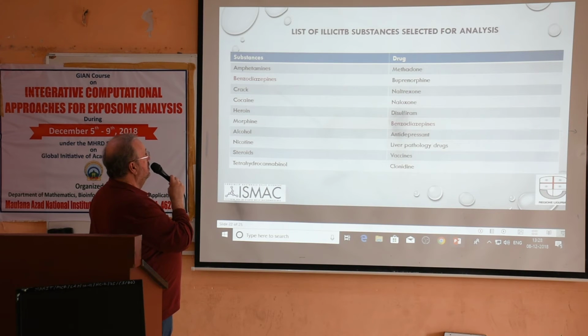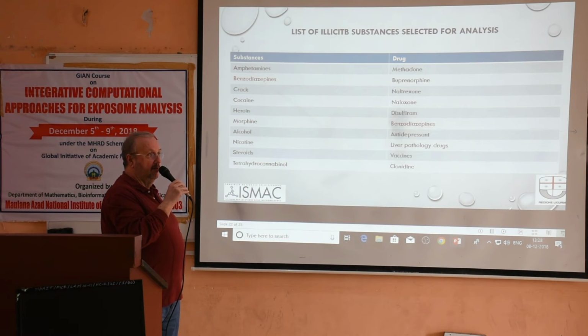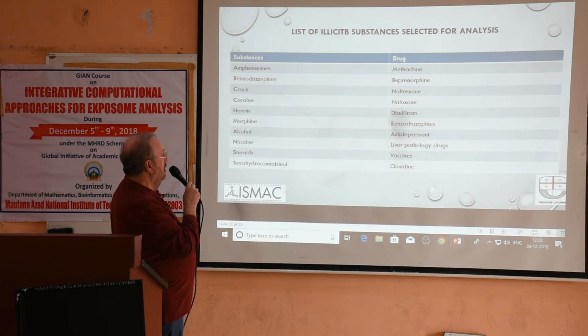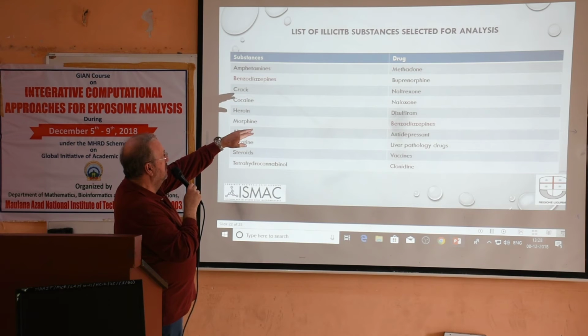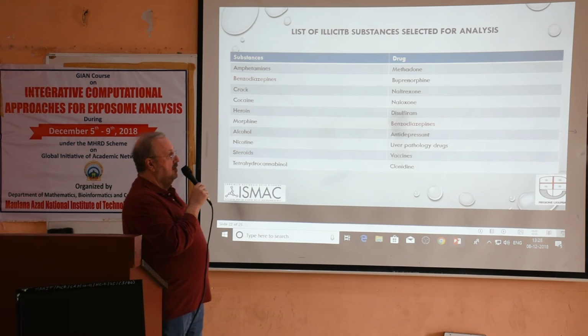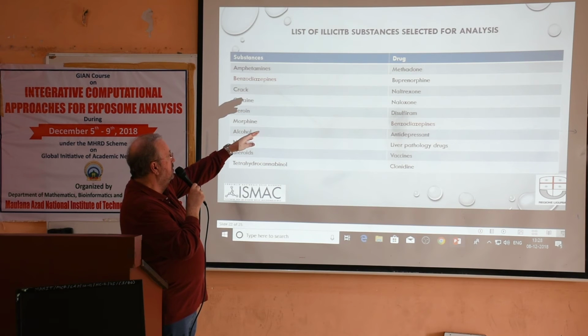It is interesting only that benzodiazepine are considered in both columns, because benzodiazepine are the basic compound for many drugs, antidepressive or whatever. You can see the drugs are methadone, which is used to rescue addicted people from dependence, or there are antidepressants.